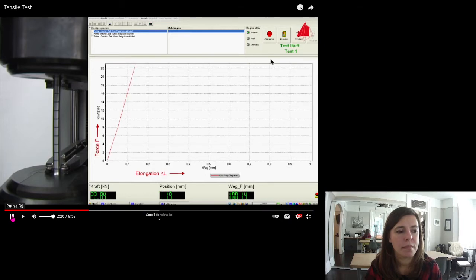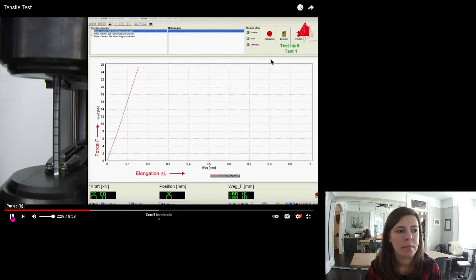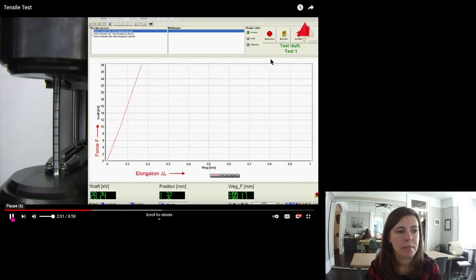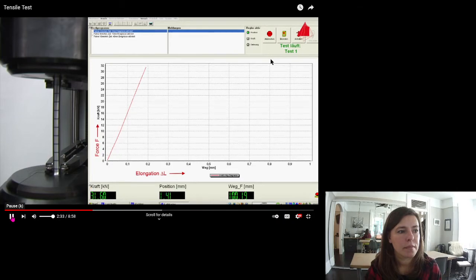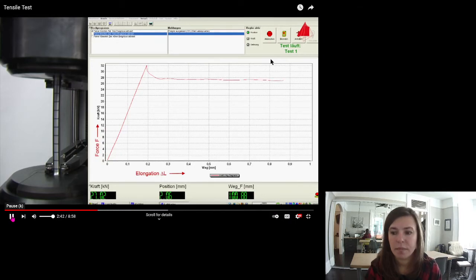In materials with yield point phenomenon, the end of the elastic area can be seen clearly. The plastic deformation starts abruptly and is accompanied by a sudden drop of force. If the test piece were to be unloaded now, it would not spring back to the original length, but instead show a permanent elongation.